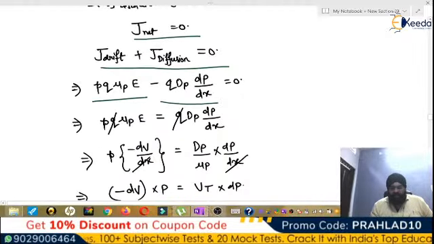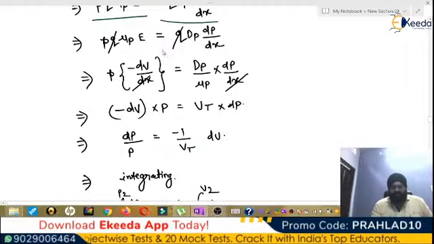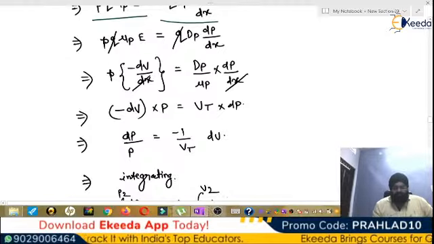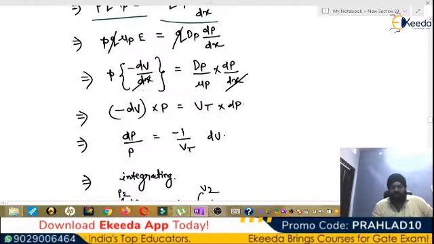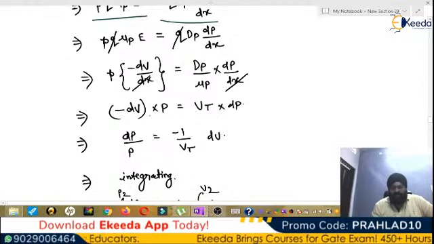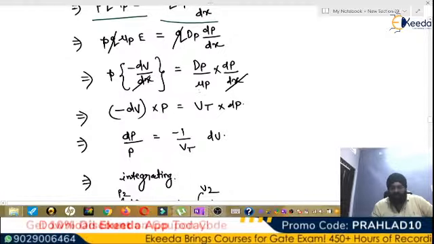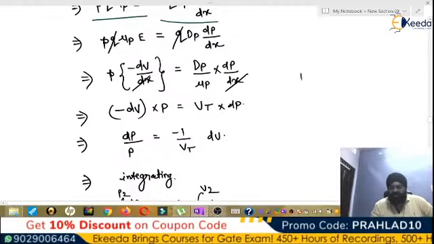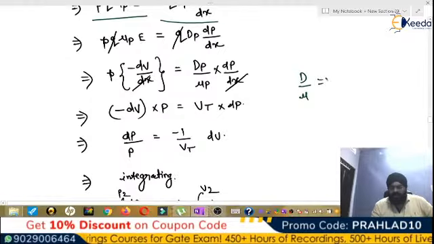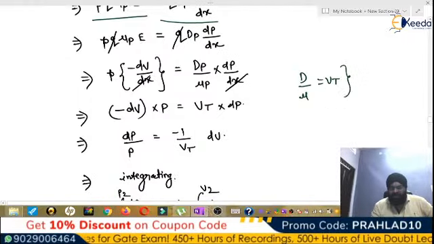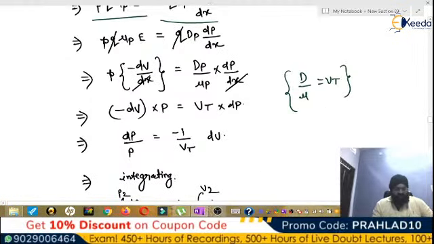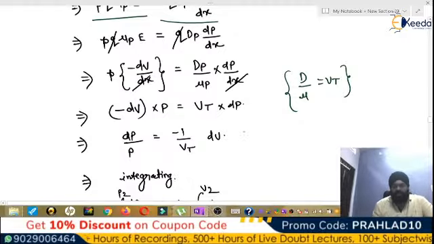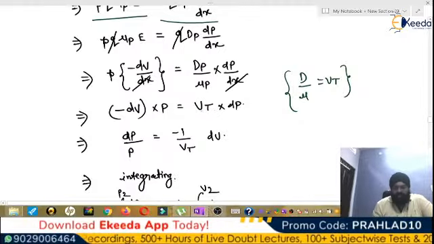So P into minus of dV is equal to dP over mu P, and according to Einstein's equation, D by mu is equal to Vt, where Vt is the thermal voltage.